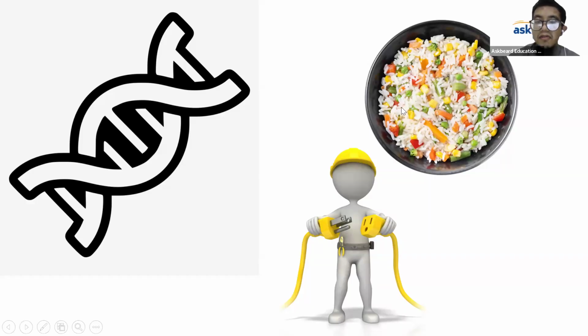Then we see what this is. This is our food, food that contains the main nutrients. What are the main nutrients? Usually we eat three main nutrients: carbohydrates, protein, and also fat. Maybe a little mineral and vitamin. But mostly we take carbohydrates, protein, and fat.